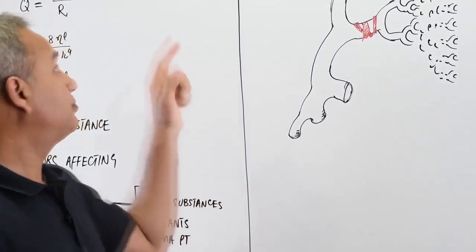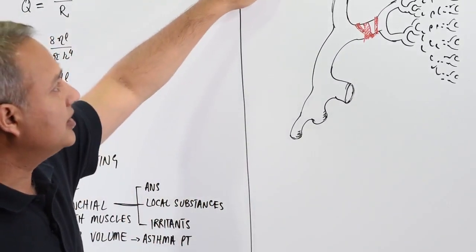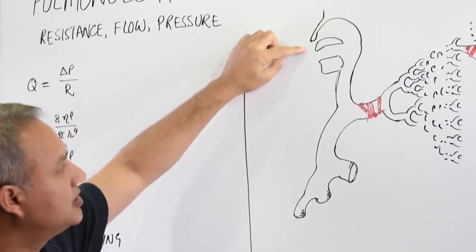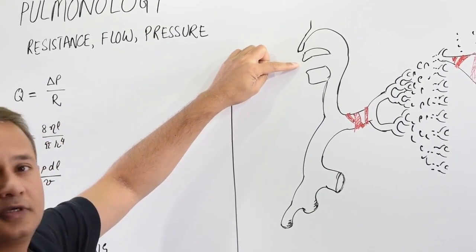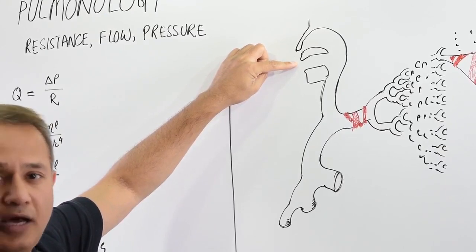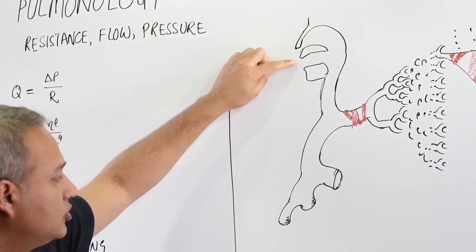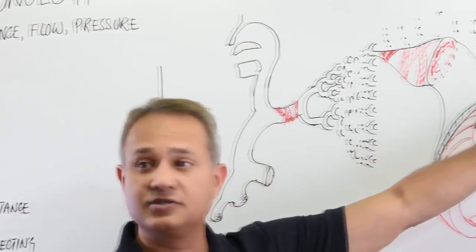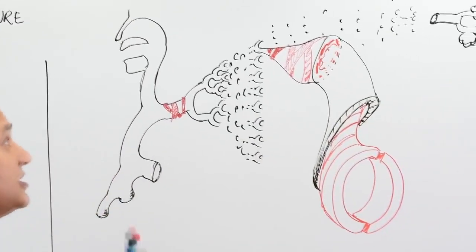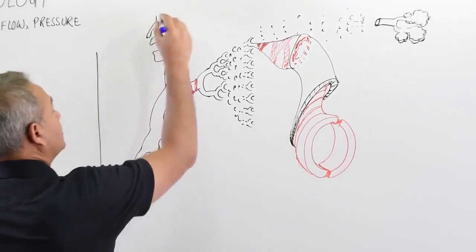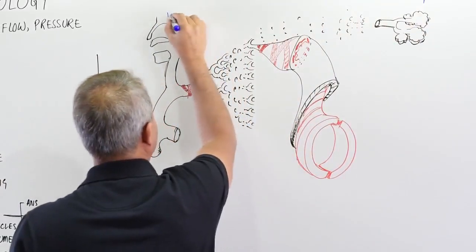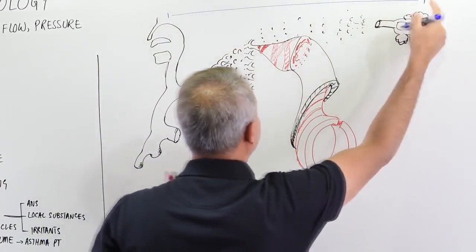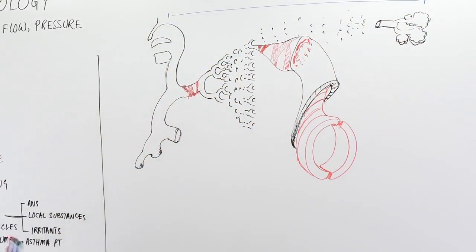So look, the pressure gradient is the pressure difference from the mouth and nose to the alveolus. This pressure difference between these two, here and here, is the delta P that we use.